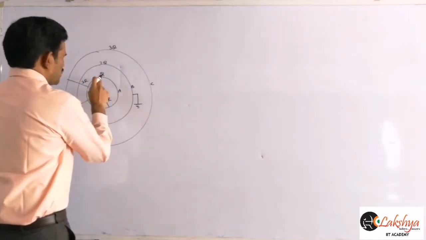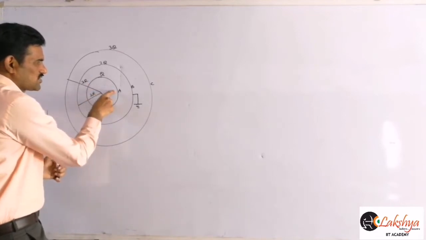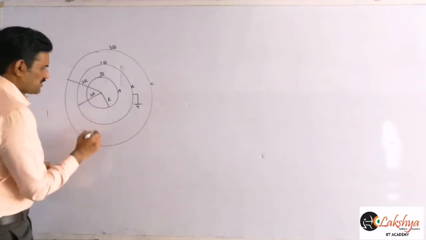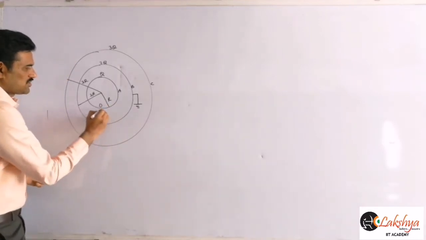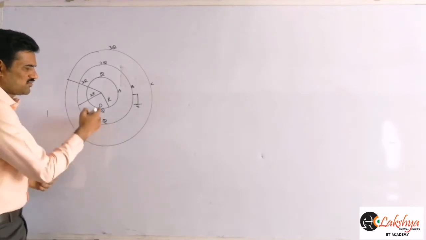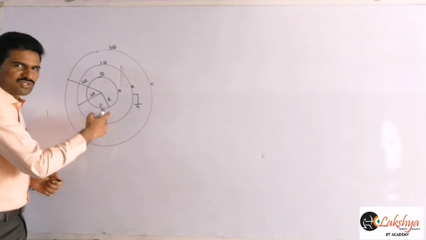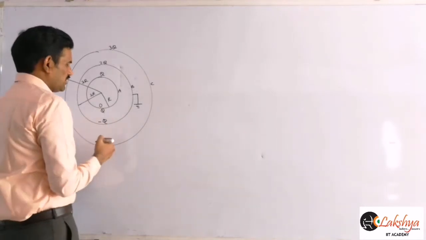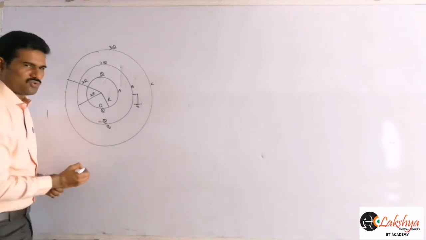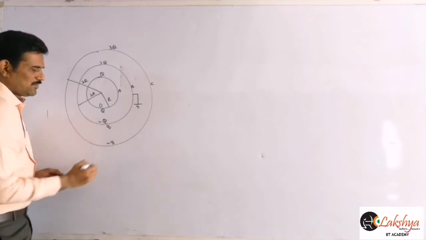Now I am taking the charge on this surface. We know that the total charge given to the inner shell A will reside only on its outer surface. So the charge distributions I am writing here: this will be 0 and this is Q. And here the opposite charge, minus Q, will be there irrespective of this grounding. These two surfaces carry equal and opposite charges, which we also discussed already, right? On this surface I am assuming the charge as some small q, and then opposite to that there will be minus q.